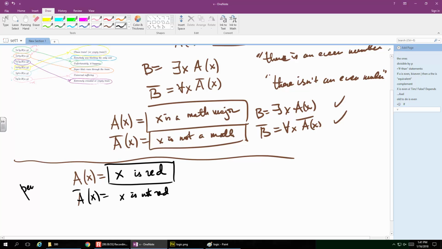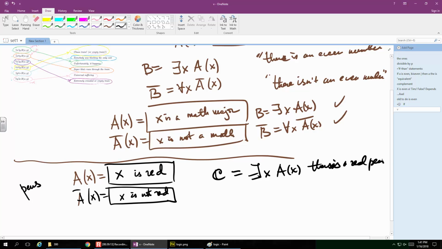So these are pens. But now the statement that I might make is, say, statement C. There is a red pen. Okay, there is a red pen, right? That's what I'm saying here. So what's the negative?